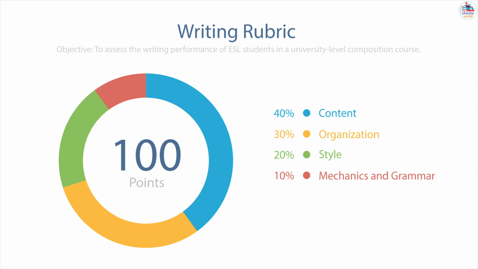For example, if we go to the content, we are discussing the writing rubrics. As per the content, we can make 40 points that addresses the assigned topic with clear and focused ideas.